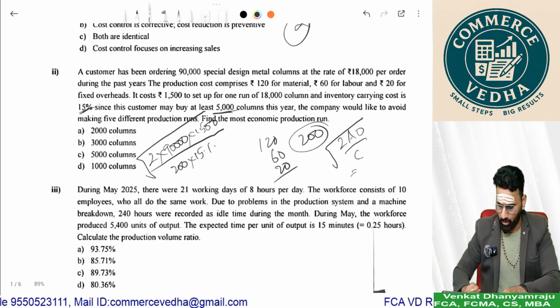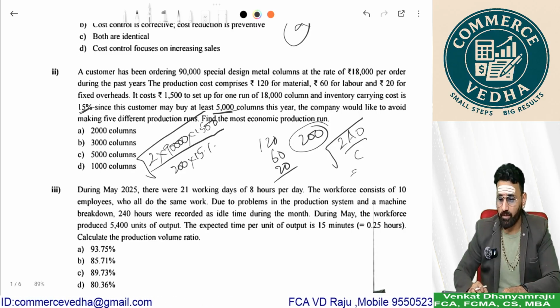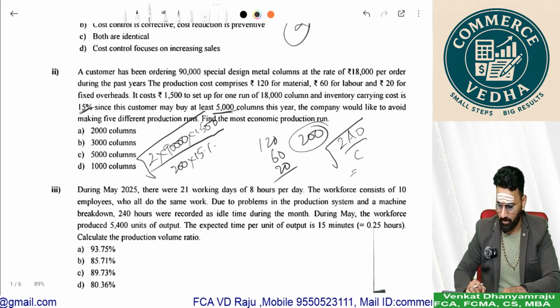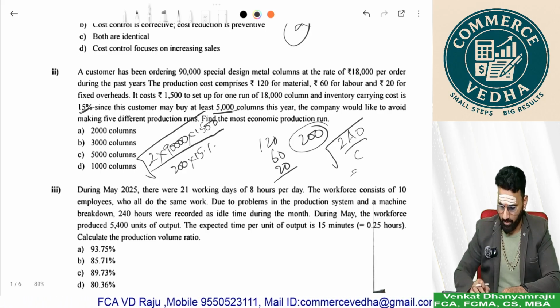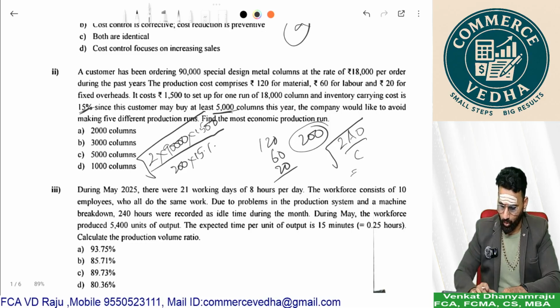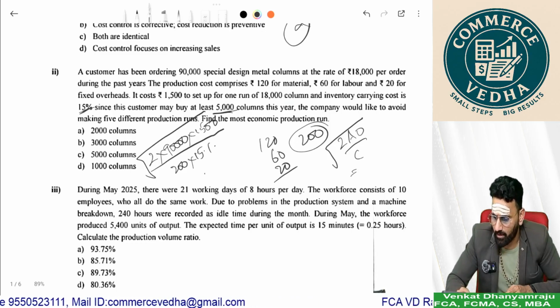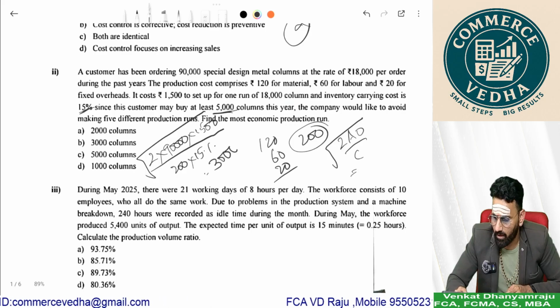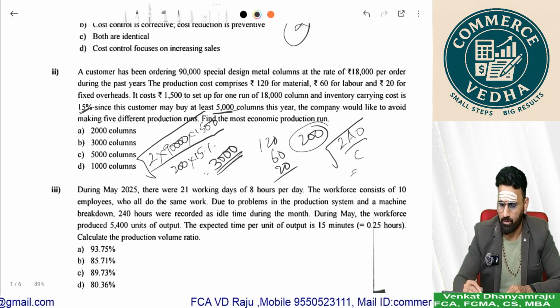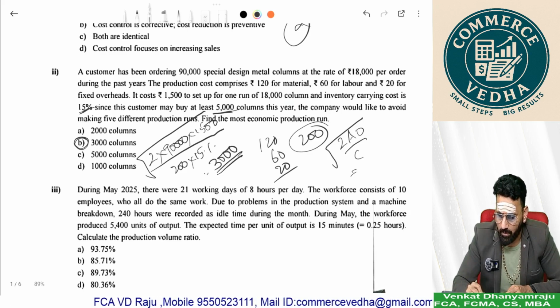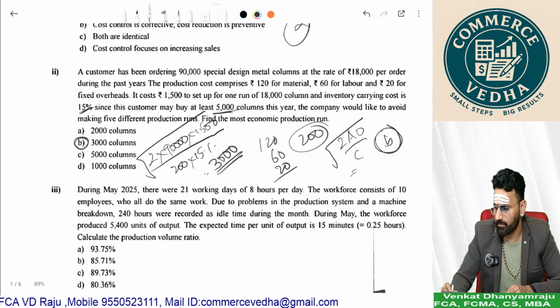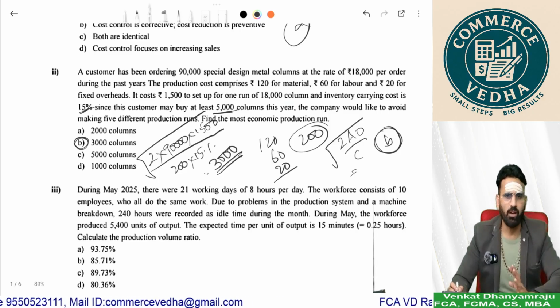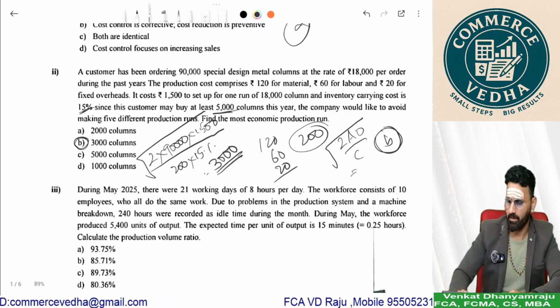So it is 2 into 90,000 into 1500 divided by 30, whole root. The answer is 3,000. So B is the answer. Use the same formula 2AO by C. Next one.